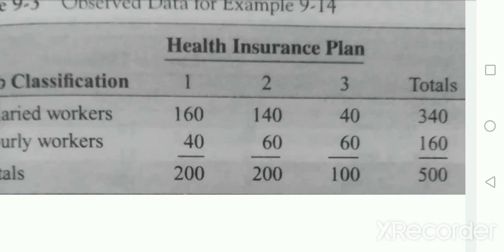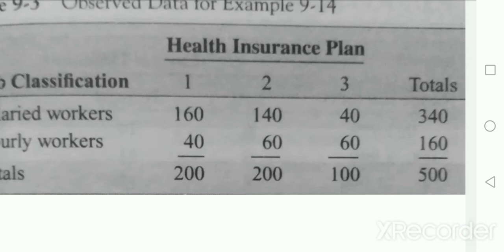Instead of this 140, 340 into 200 divided by 500. Instead of the first row's 40, 340 into 100 divided by 500. For the second row first value, instead of this 40 we have 160 into 200 divided by 500. Second row second value, instead of this 60 we have 160 into 200 divided by 500.